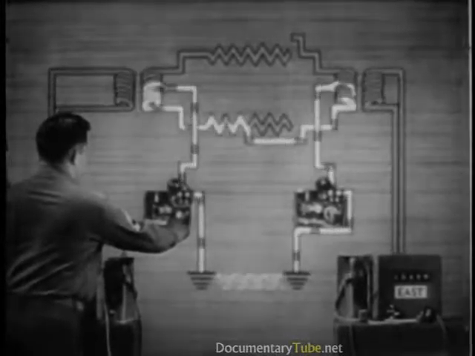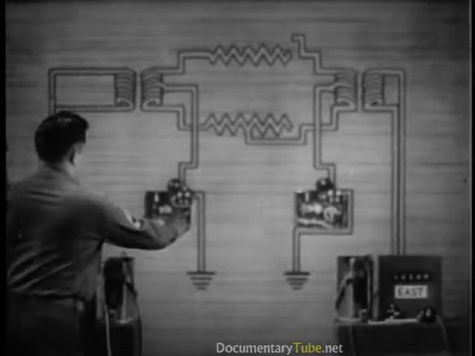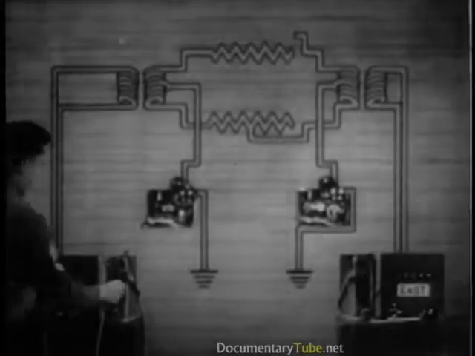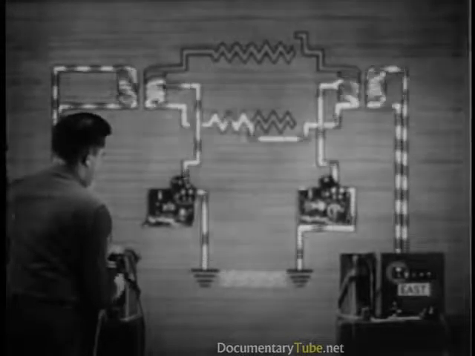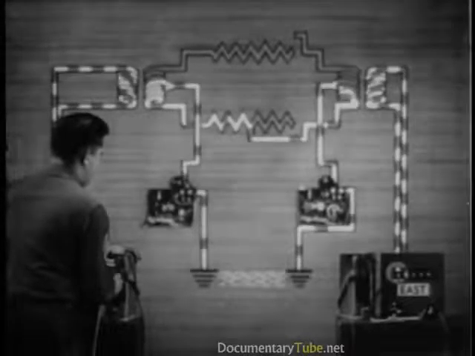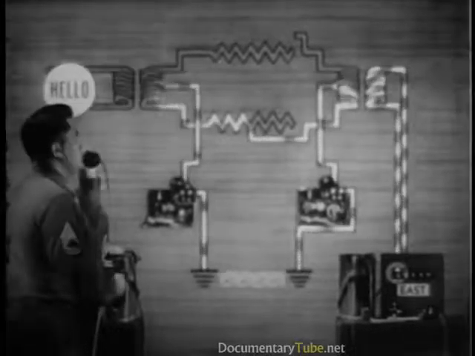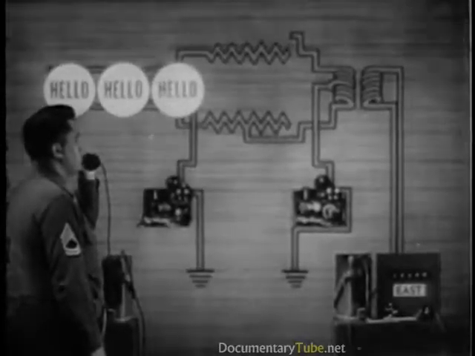When one wire is open, telegraph is still okay. Ringing current gets through too, but interferes with the telegraph channel. Voice current is blocked.